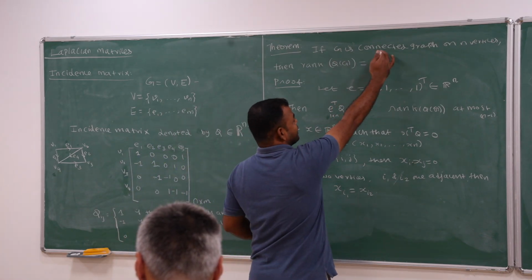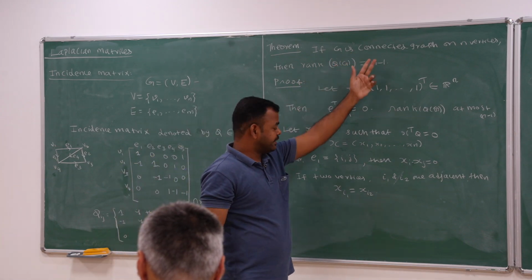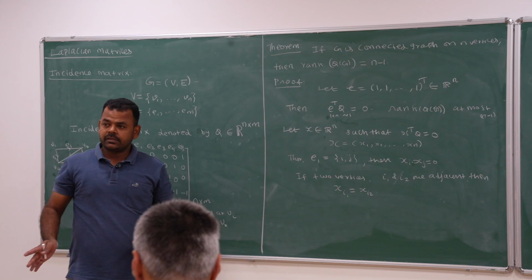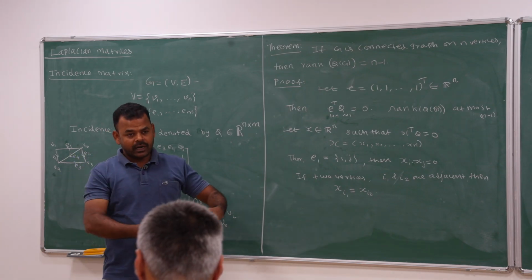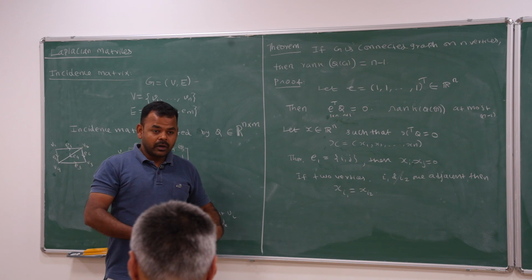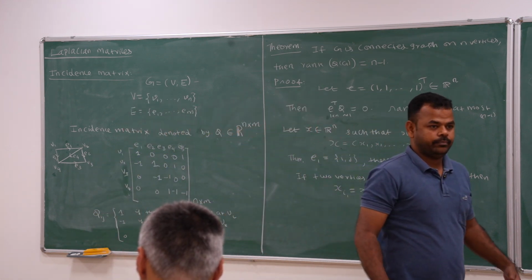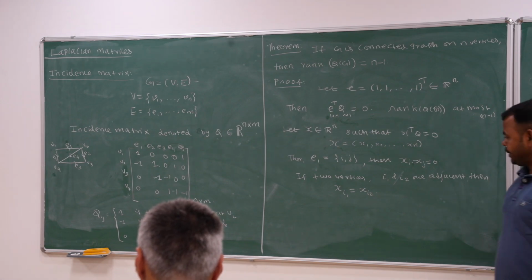Now we didn't use the fact that the graph is connected so far. Now if you use the fact that graph G is connected, then what do you get? If I take two arbitrary vertices, between any two vertices of the connected graph, you have a path. So along that path we are going to get all the terms of the vector x are constant, same. Okay, that shows that x should be a multiple of this all ones vector.